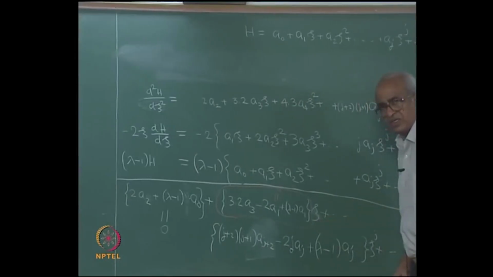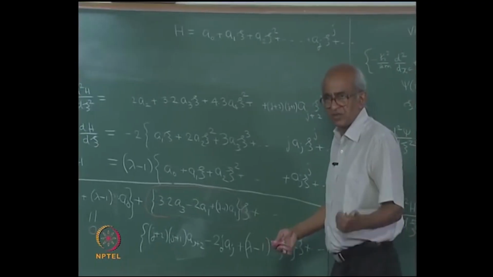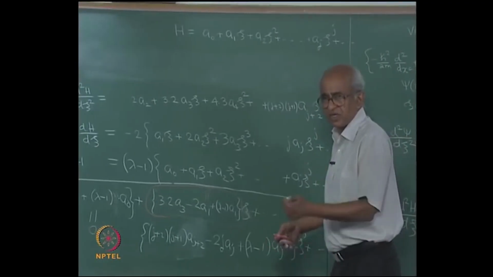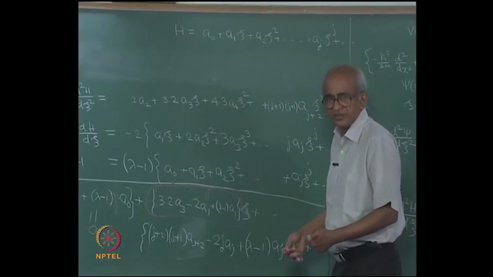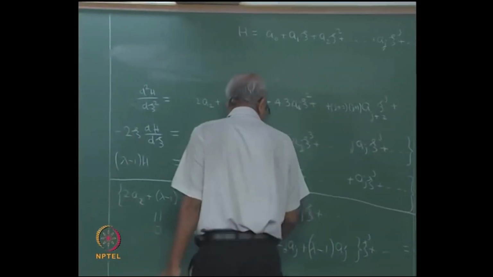So, how many equations do you get? You get an infinite number of equations, which you need because you have an infinite number of unknowns. You have a0, a1, a2, a3, a4, etc. They are all unknowns, so you want to determine them, and this is the way in which you can determine them.